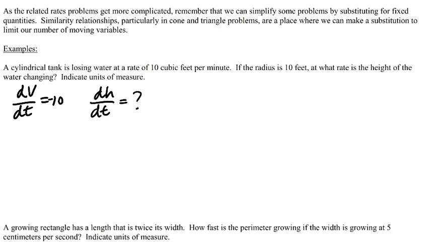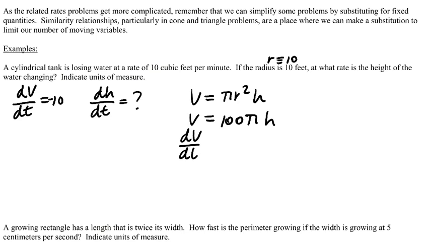equals what? Okay, well, the volume of a cylinder is going to be the area of the base multiplied by the height. And they said that the radius is constantly equal to 10 feet. And so now V is 100 pi h. So the derivative of V with respect to t is 100 pi dh/dt.